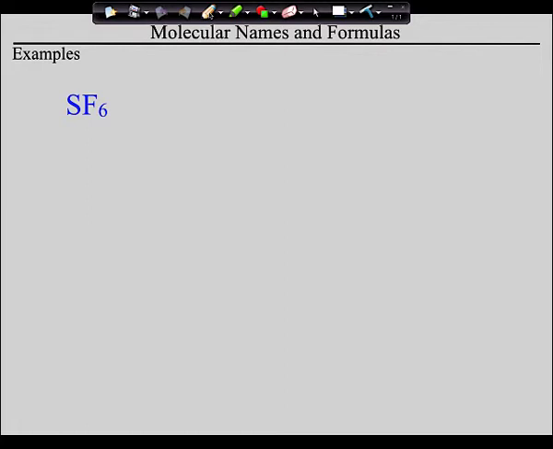This is the only tricky part. How many sulfurs are there? 1. But we don't put mono in front of the sulfur because the sulfur's first. That's the only tricky rule, is if there's only one of the first atom, don't put mono. So this would just be sulfur. And then guys, there are 6 fluorines, so that would be hexa.